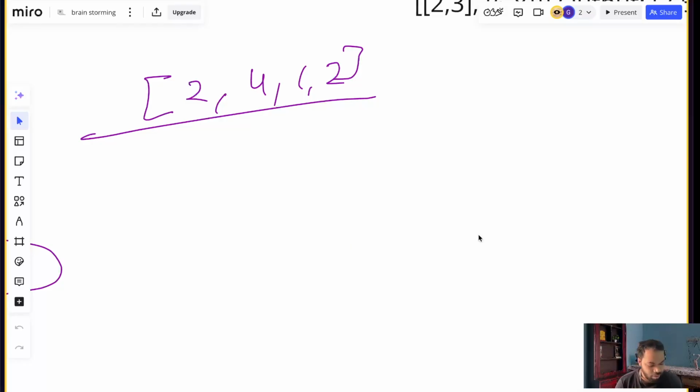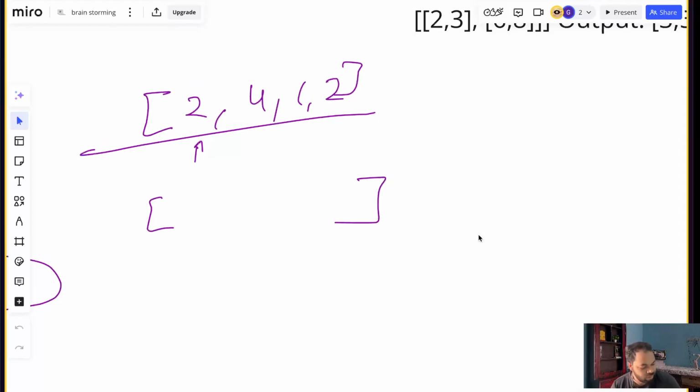Same thing we'll do here now. So let's assume indexes start from 1. 1 2 3 4, these are the indexes, and now we will be switching it.